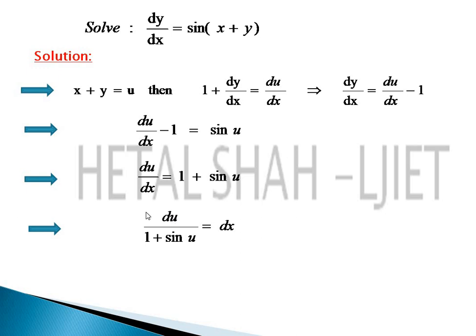With the du we have 1 upon 1 plus sin u, and with the dx we have nothing multiplied, so we can say the multiple is 1. Okay, now both variables are separate, so integrate both sides.